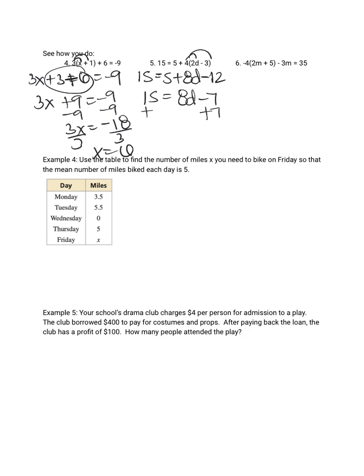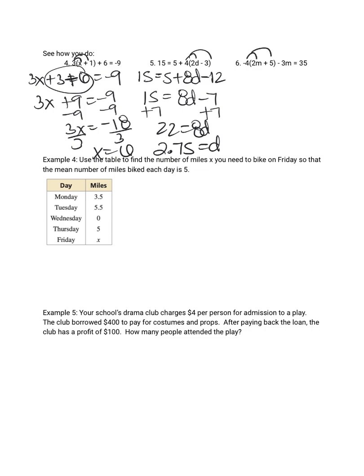So we're going to add 7 to the other side. And that's going to give us 22 equals 8d. And then we're going to get 2 and 75 hundredths as our final solution.